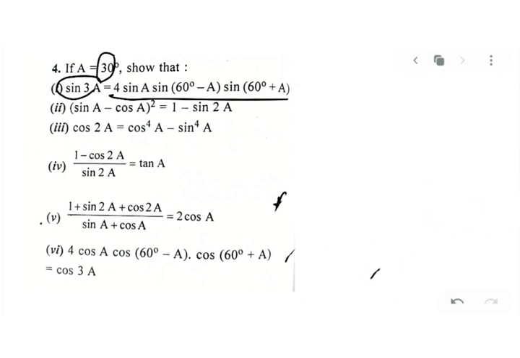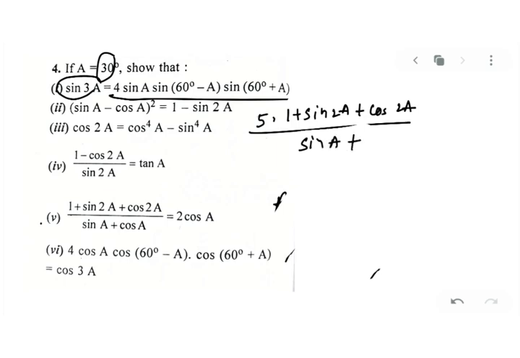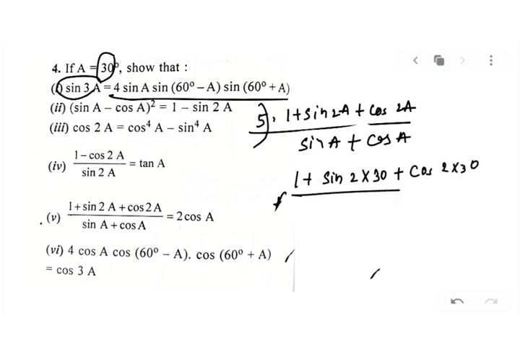Let's take the fifth, and it has on the left hand side (1 plus sin 2A plus cos 2A) upon (sin A plus cos A). 1 plus sin 2A, that means sin 2 into 30, plus cos 2A, cos 2 into 30, upon sin A, that is sin 30, plus cos A, that is cos 30.